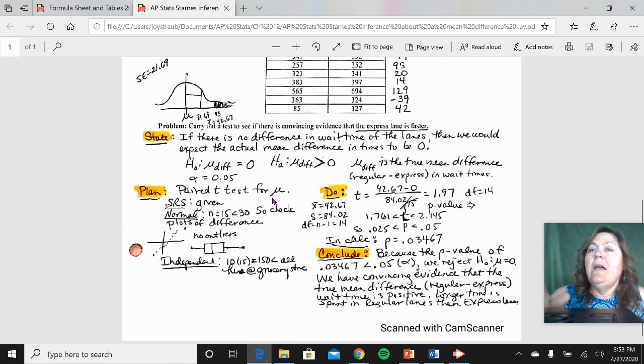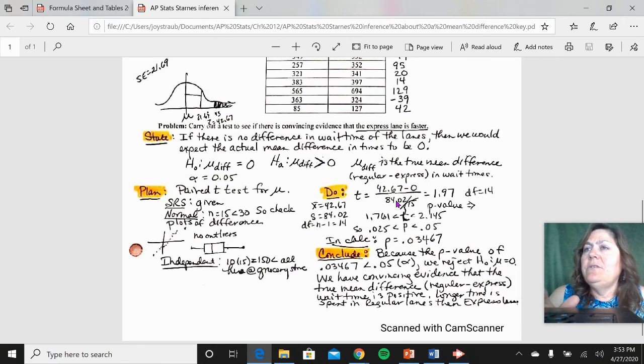I did my planning and found that the SRS was given, and the 15 is less than 30, so I went and looked at plots and both of those looked fairly linear. I did a box plot to check for outliers and there were none. Independence: well, a grocery store is certainly open more than that.